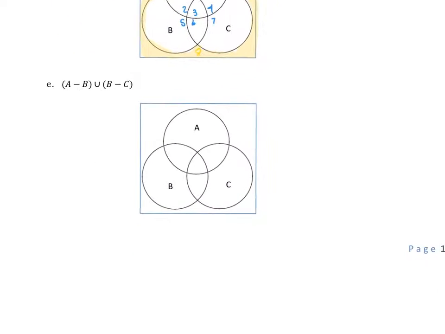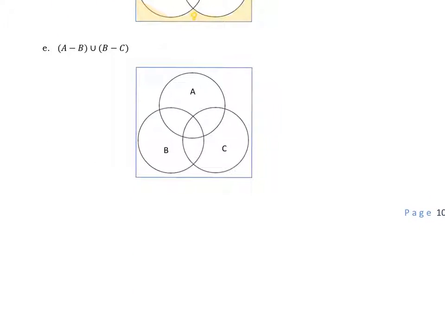All right, let's see what we have here with example E. It's the union of the difference of A and B and the difference of B and C. So let me number my regions first. Okay, regions are numbered, so the difference of sets A and B, that would just be regions 1 and 4.